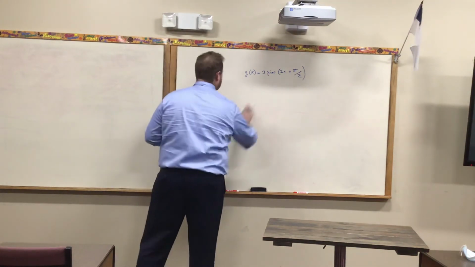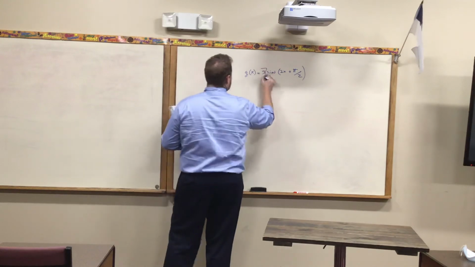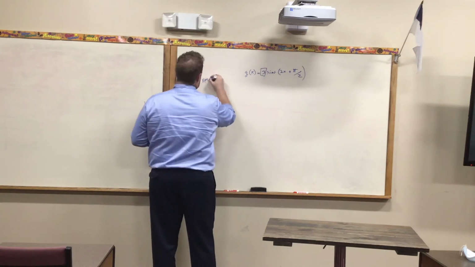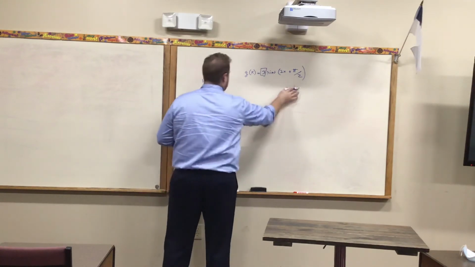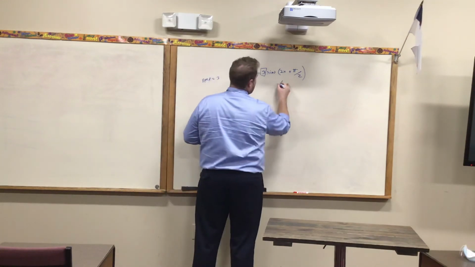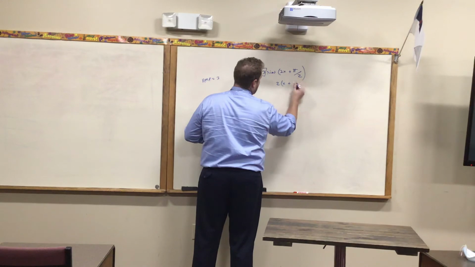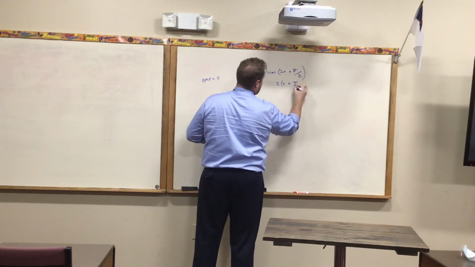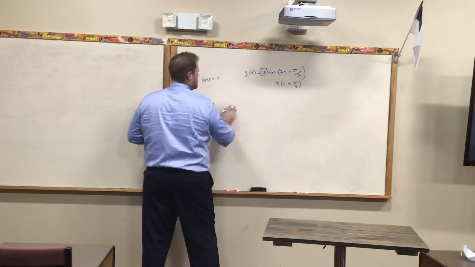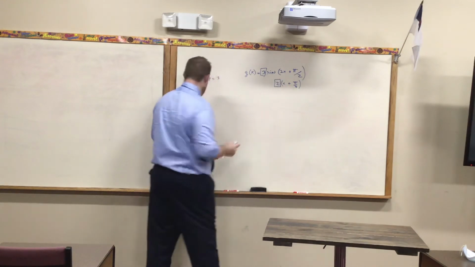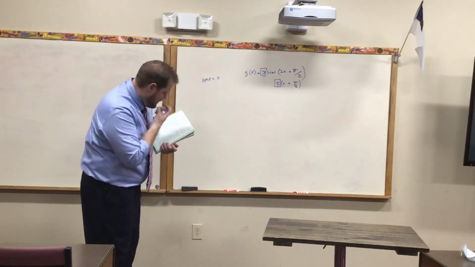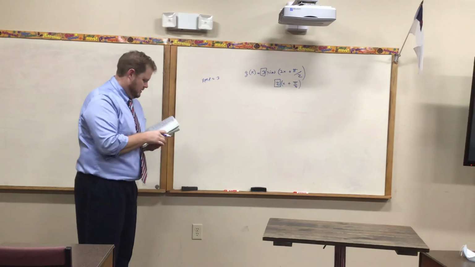First off, what's our amplitude? Amplitude is 3. We have to rewrite this: if I take 2 out, what am I left with? Pi over 4. Good. So the 2 is our b, right? What is the period for 26?